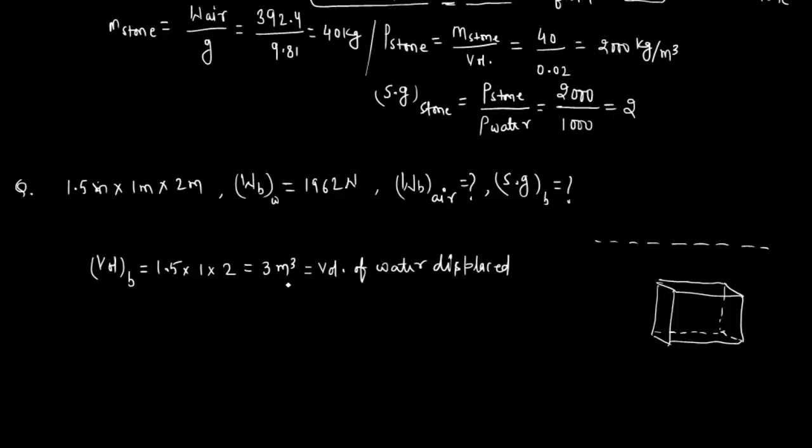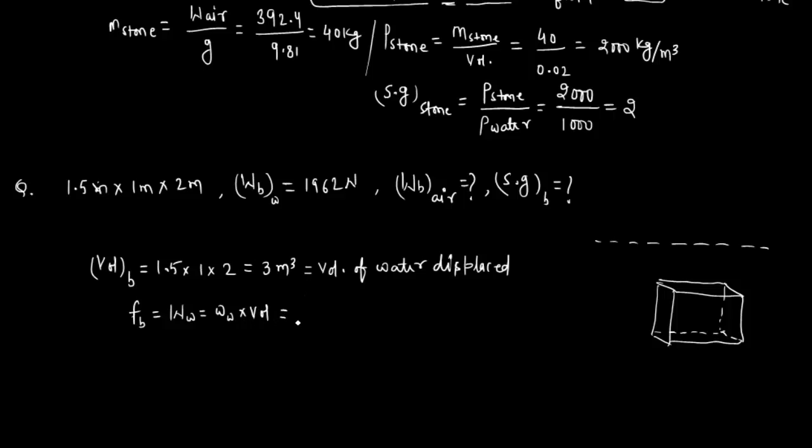So if we know the volume of water displaced, I think we can calculate the buoyant force by the water. So buoyant force is simply the weight of water displaced. So weight of water will be equal to specific weight of water into the volume.